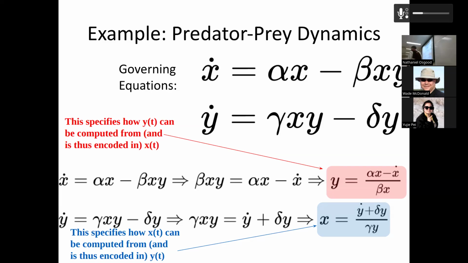Well, we did introduce this model and its structure in several lectures. X is hares. Alpha is the growth rate of the hare population absent predation.